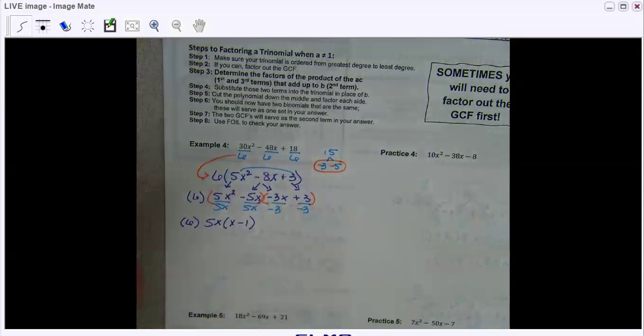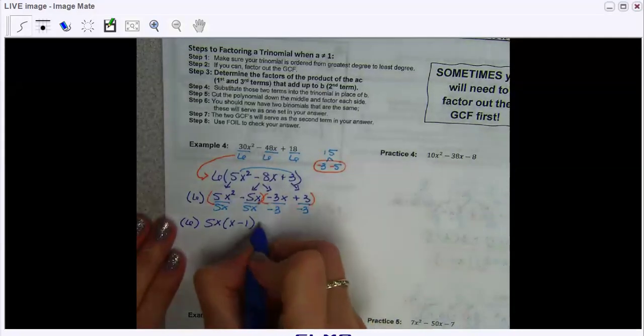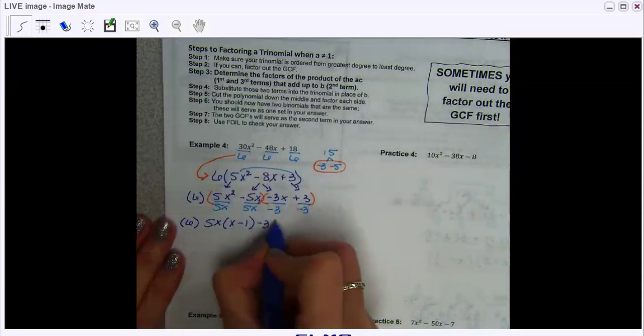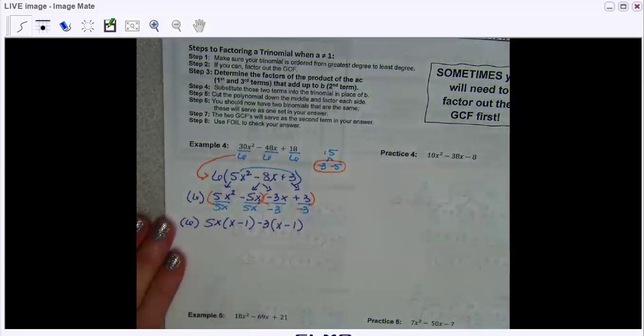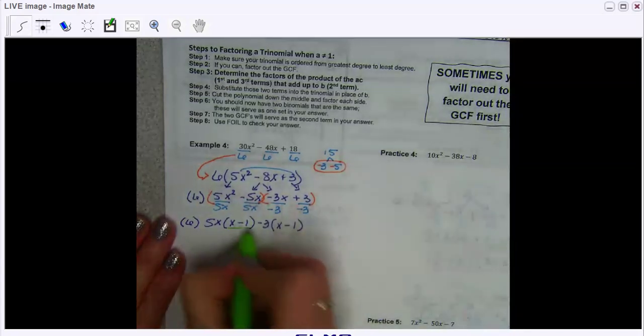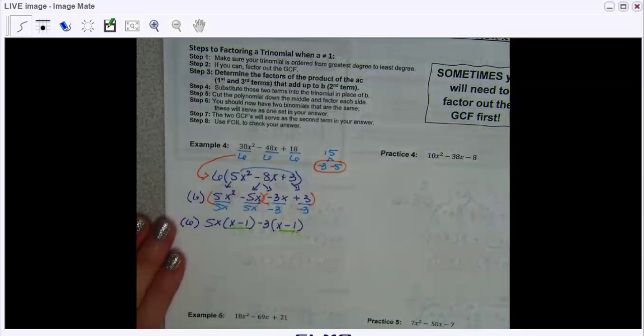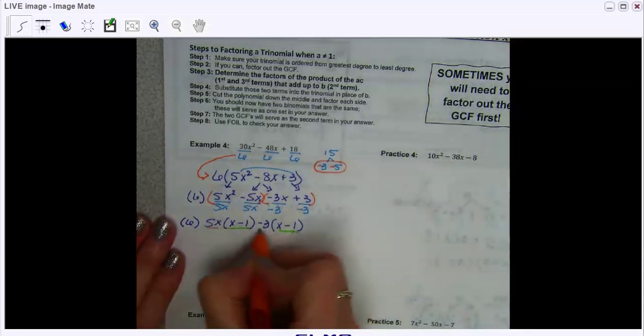Look at all these parts that are moving. It's really important that you take up a lot of space and you write neatly. Otherwise, you're going to forget something. Then we have a -3, x minus 1. So we have these two, which are the same. Then we have these two.